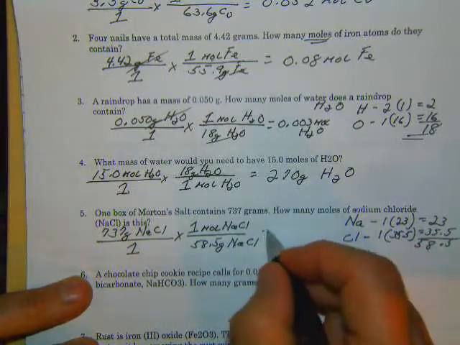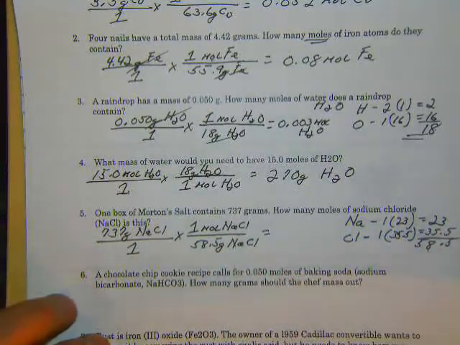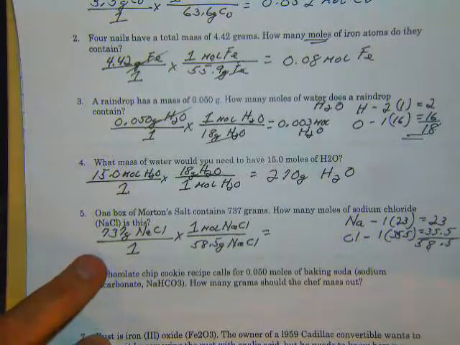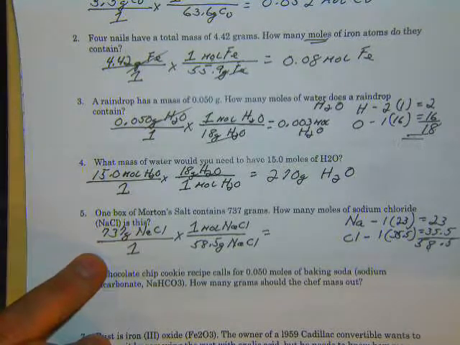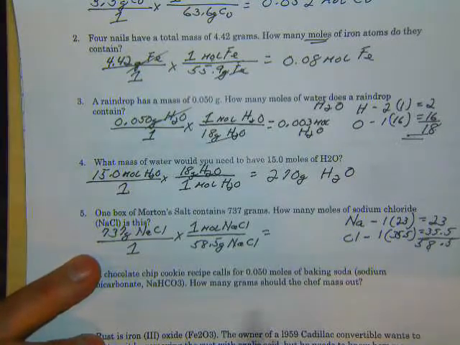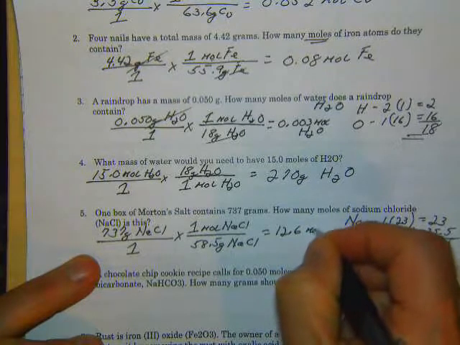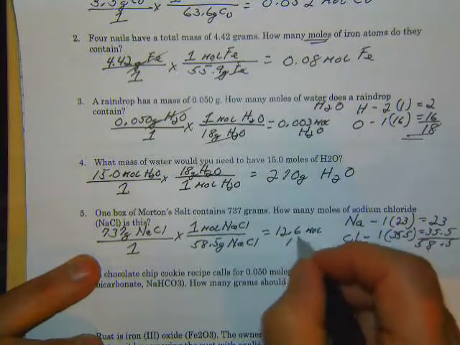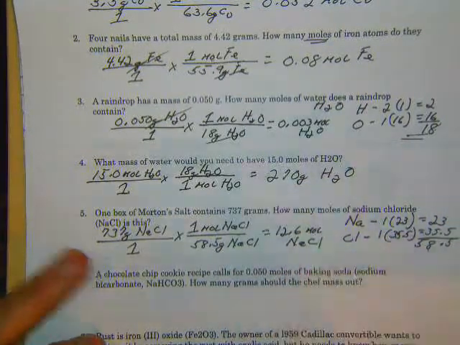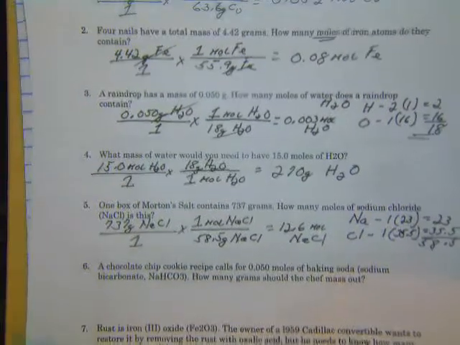If we do the math, 737 divided by 58.5 equals about 12.6 moles of sodium chloride. Again, a pretty straightforward problem there.